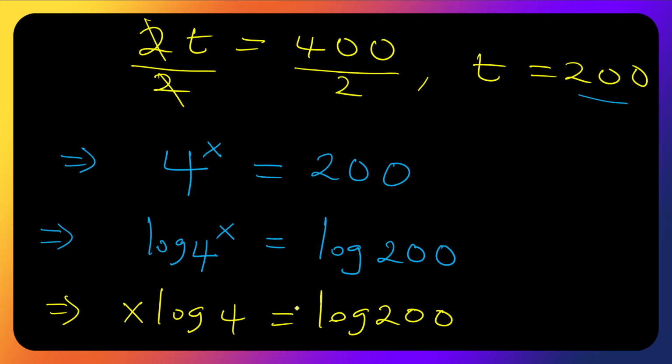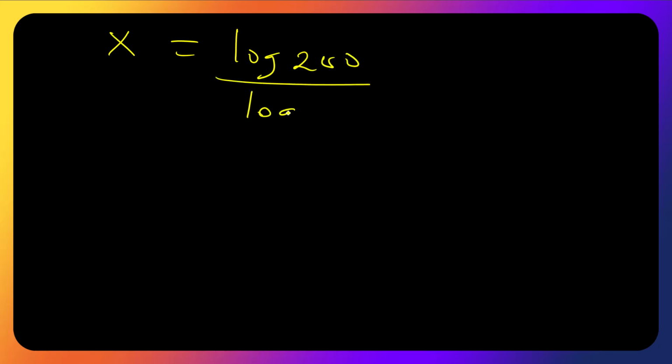Okay. So let's divide both sides by log 4. That will be x equals log 200 over log 4. Okay, so let's reduce them here. So we can write the numerator as log of 4 times 50.